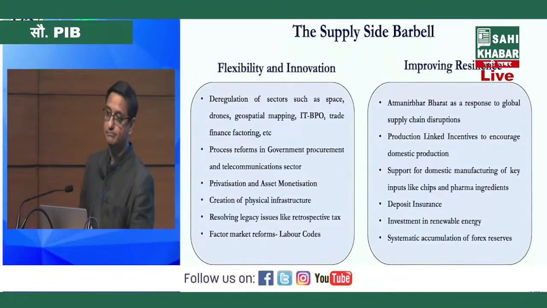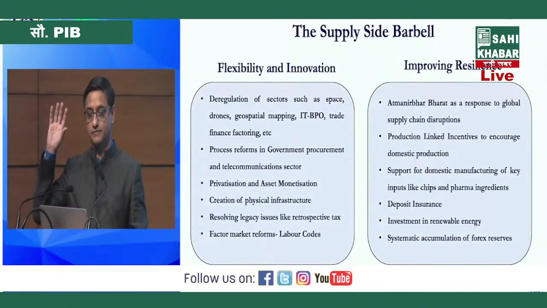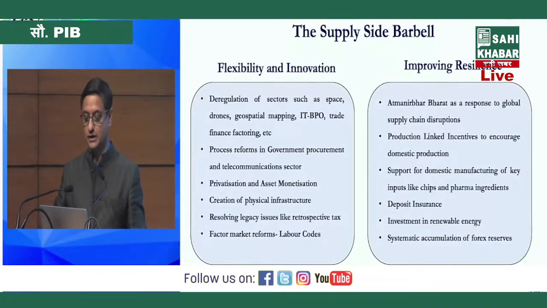And at the same time, you have resilience reforms as well, putting in place factors that create a buffer to these uncertain times. And this is the context in which you need to think about Atmanirbhar Bharat. This is our response to the vagaries of global supply chain disruptions. You may be reading about the disruptions in chips or pharmaceutical ingredients, or of shipping containers not being available.